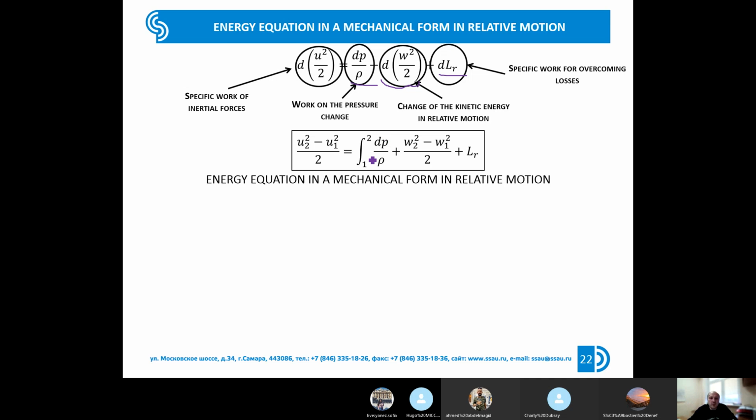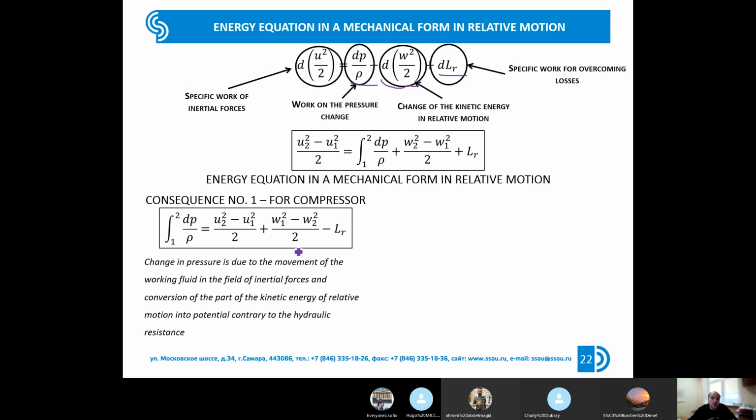That's why we move this part to the left side of the formula, and we move all velocity terms to the right side of the formula. And finally, we receive such an equation for the compressor. It's a really very important equation because it lies at the base of the principle of operation of the compressor.